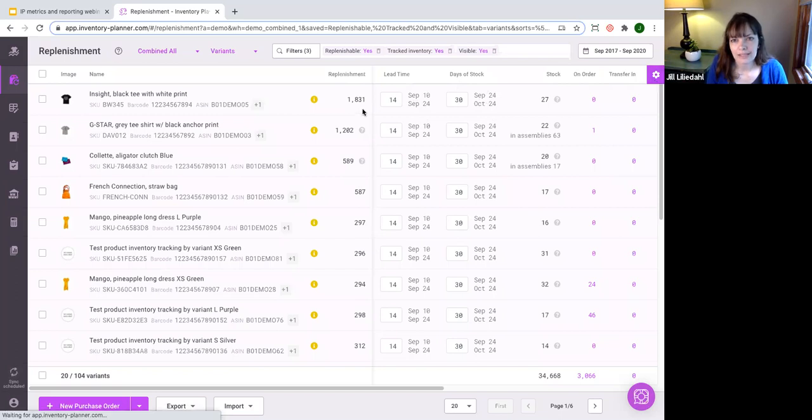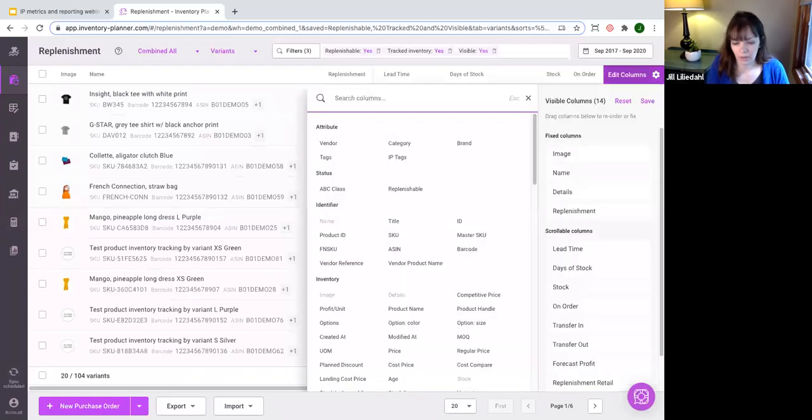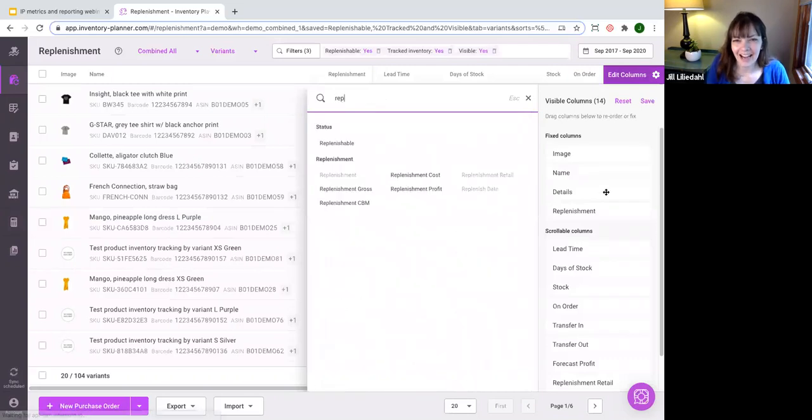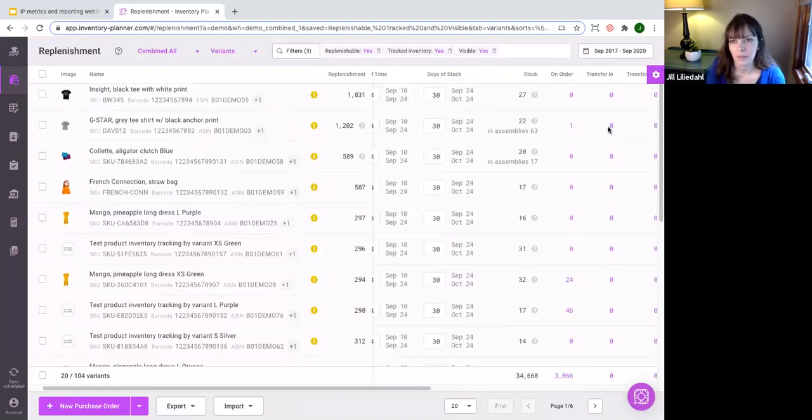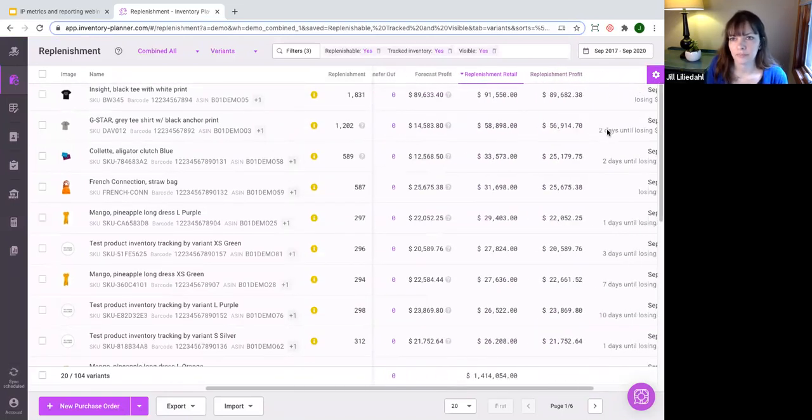So it's not enough, though, to look at this column and say, okay, well, this is the highest number of units, so I should get that. I think you can see where this is going, that items are going to have different profitability. And so I think it's really helpful to look at replenishment profit. I'm going to scroll to the right here.